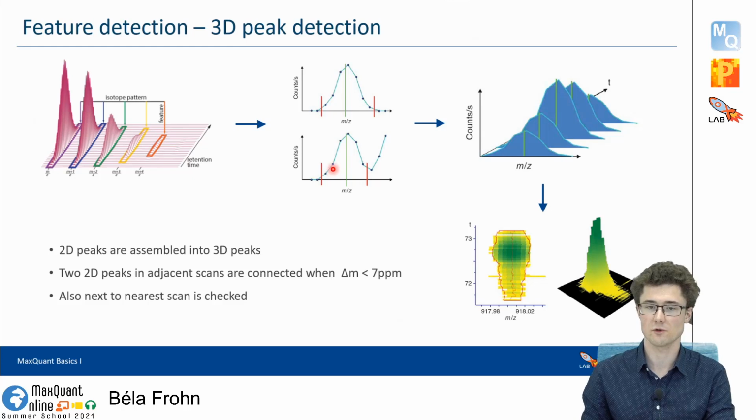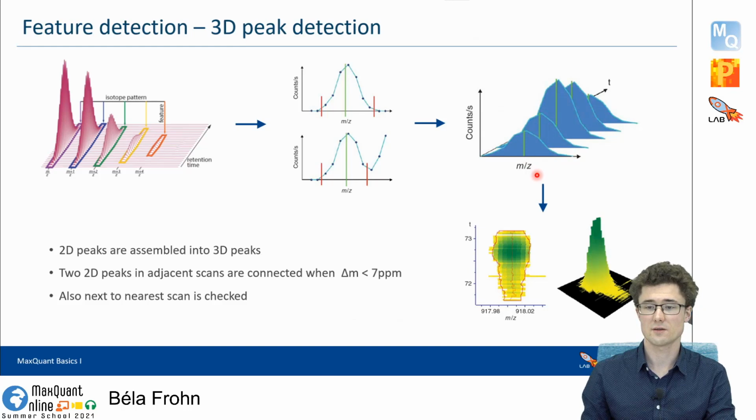And we have this, of course, for many peaks. So we have this for the different isotopes, so in this axis. And we also have this for the many retention time measurements. So we have many of these peaks here, one after another over the retention time here. So these are then 3D peaks. So 2 dimensions first, and then the 3rd dimension added as retention time.